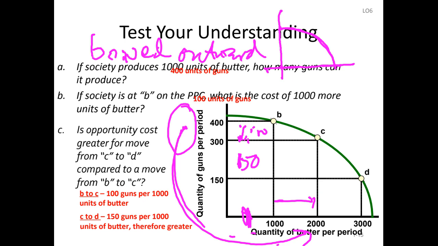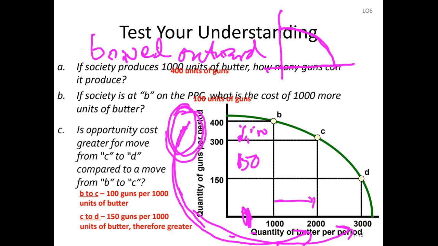But as you keep producing more butter, then you are left with very specialized workers that are only suitable for the production of guns. And if you take them and employ them in this industry, they don't know how to produce butter. And therefore, you have to take a large number of these workers to produce 1,000 butter.